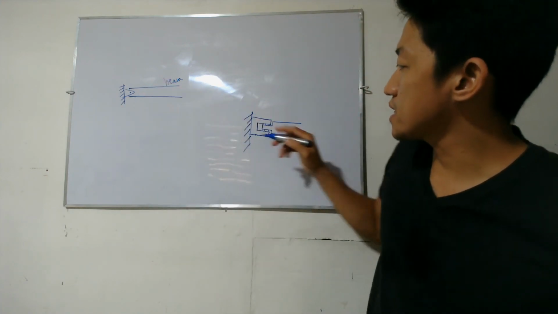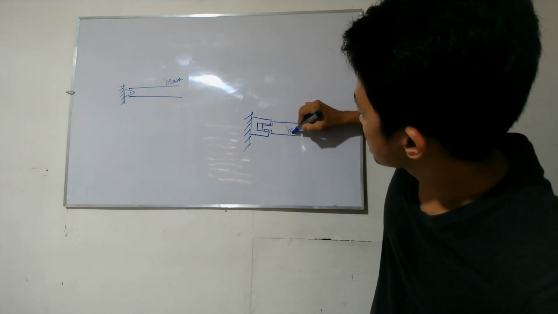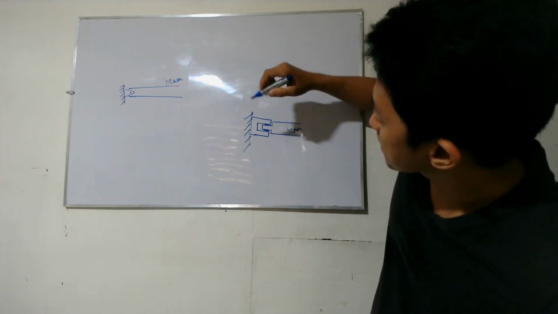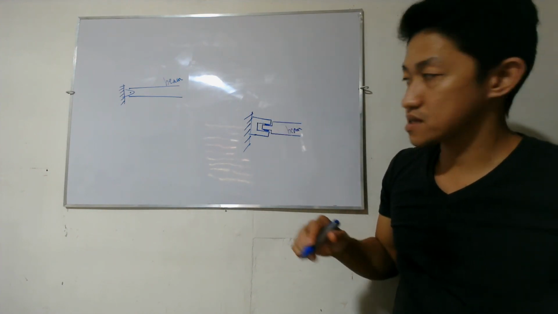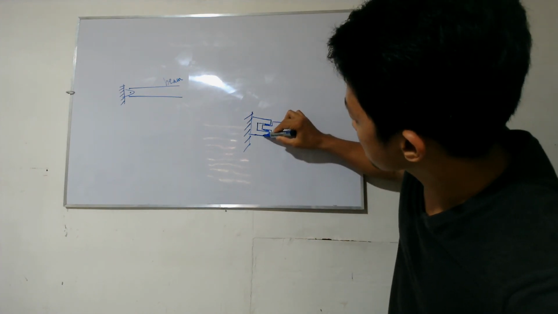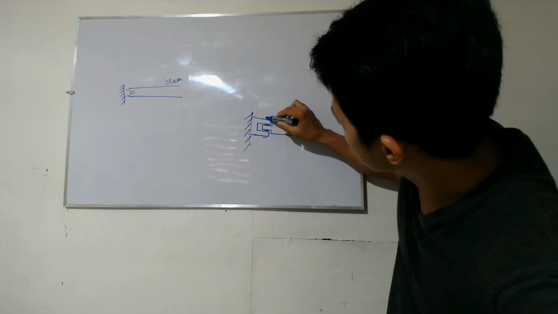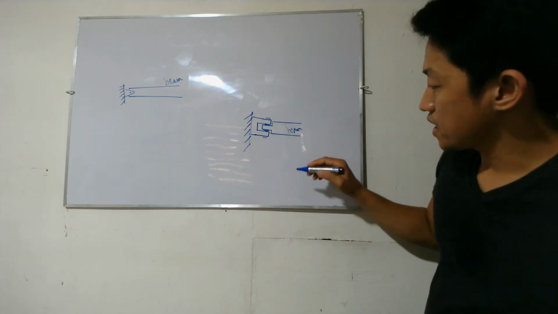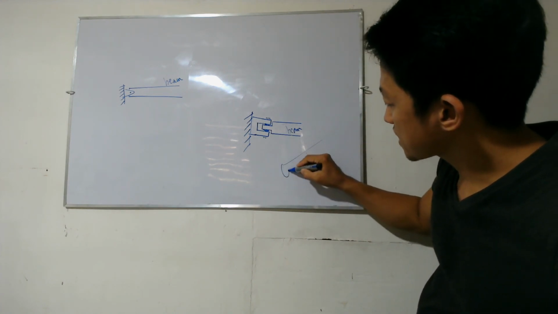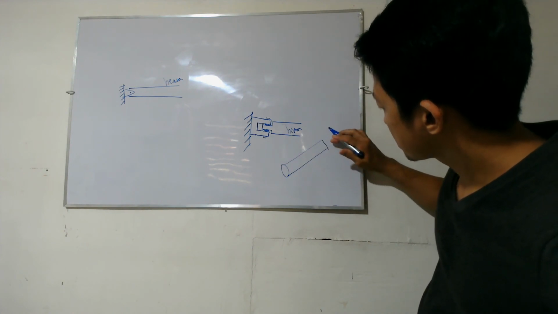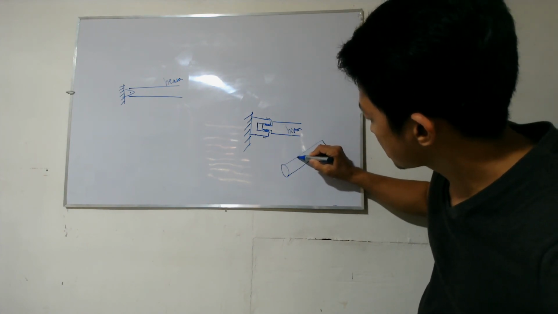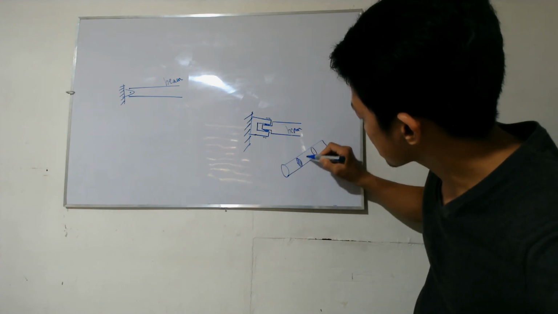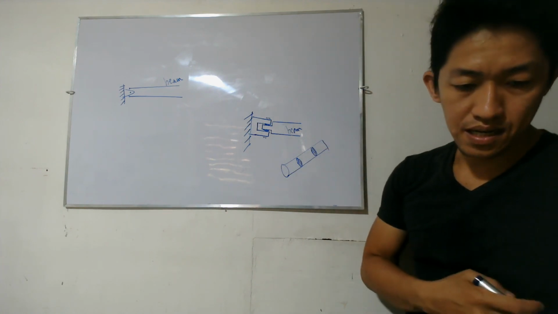The top view of it, you draw the area that is subject to stress. The pin is just cylindrical. So there are two areas that are subject to shear stress.